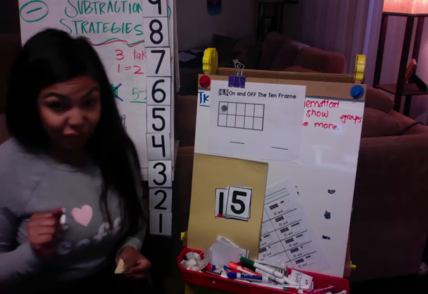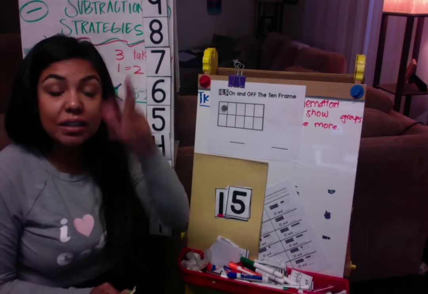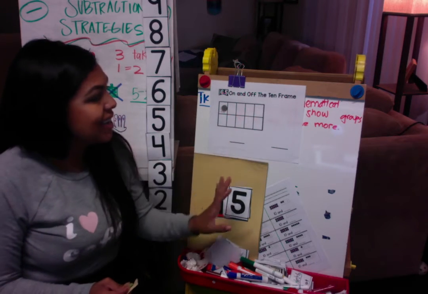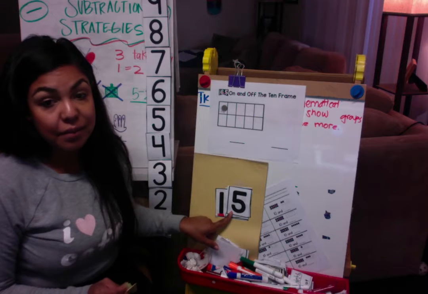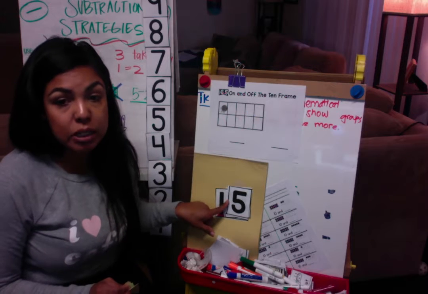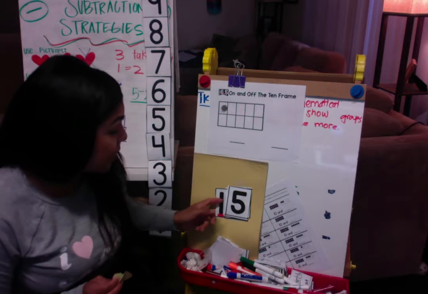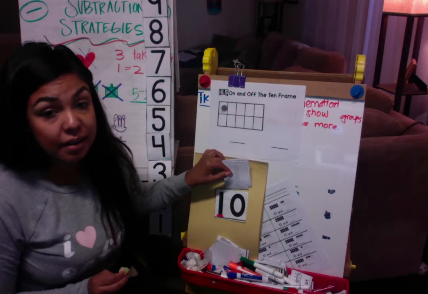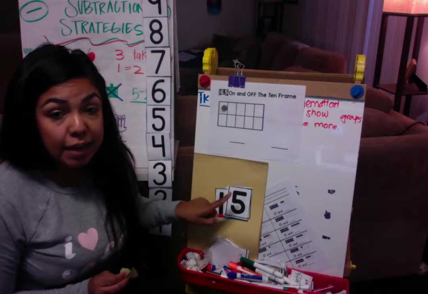So we're going to show, oh, awesome, sweetheart, good. We're going to show 10 and how many more? 5 more. 15, right, Kaden? That was my number. My magic number today is 15. So if Kaden says I have the number 15, I know that I need 10 and how many more? 5 more.